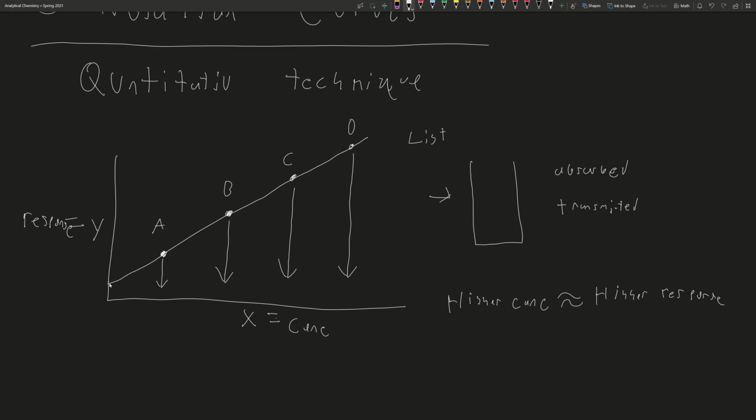So these A, B, C, and D would be known as standards, also known as calibration standards.